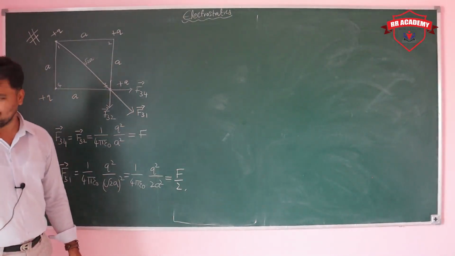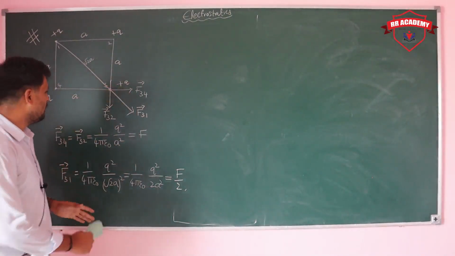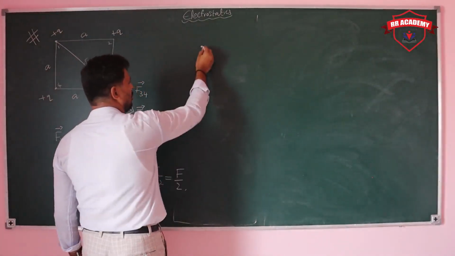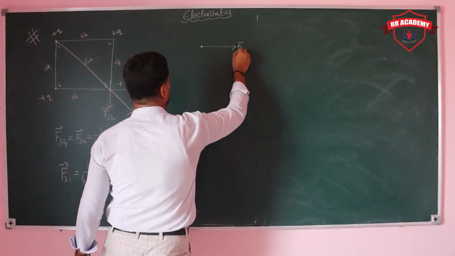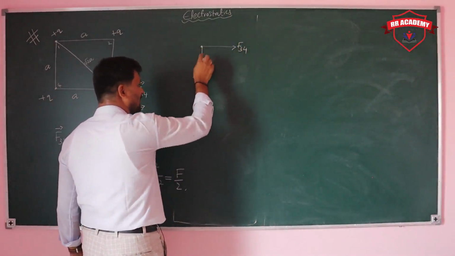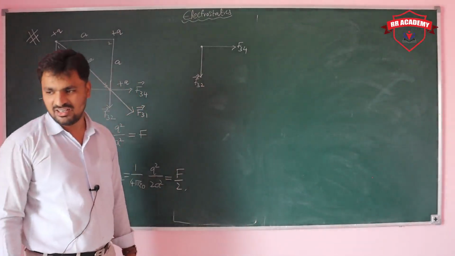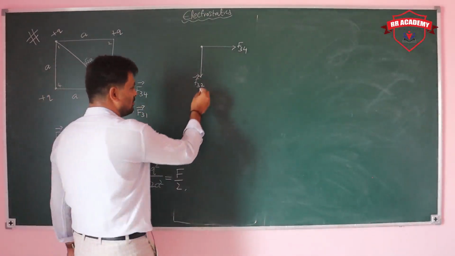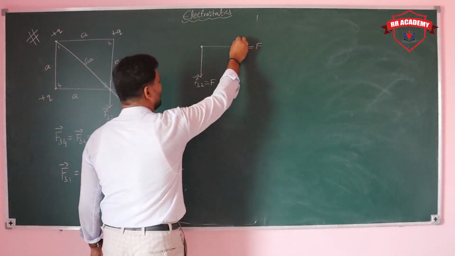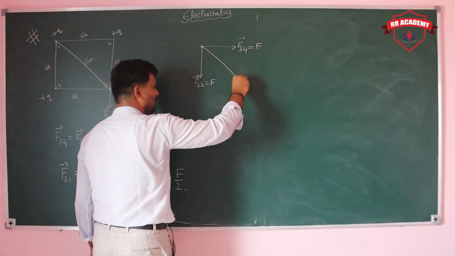Now look here, what are the forces acting on 3? Force on 3 by 4 and force on 3 by 2, these two are perpendicular to each other. Yes or no? Yes. So this value is F and this value is also F. First find the resultant of the two vectors which are perpendicular to each other.